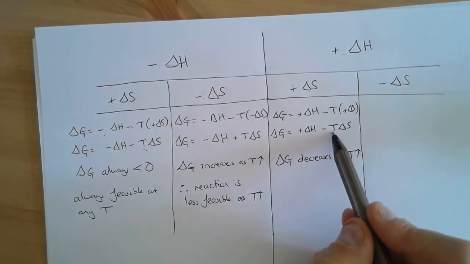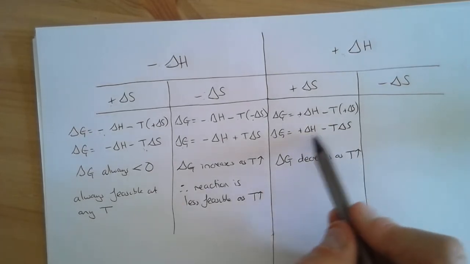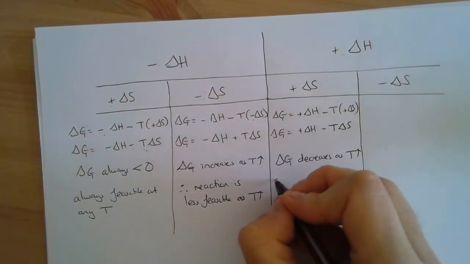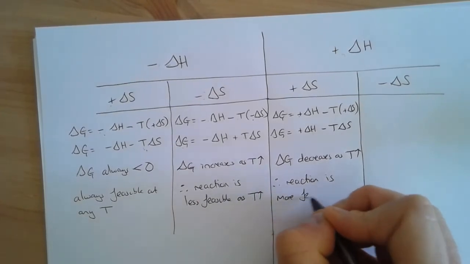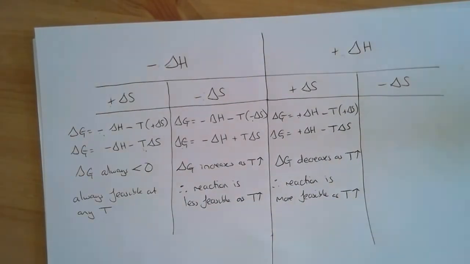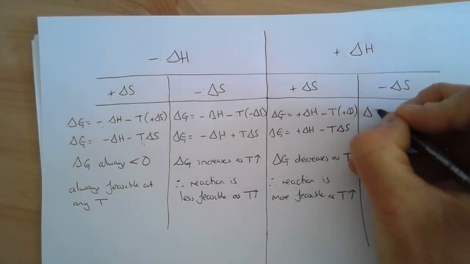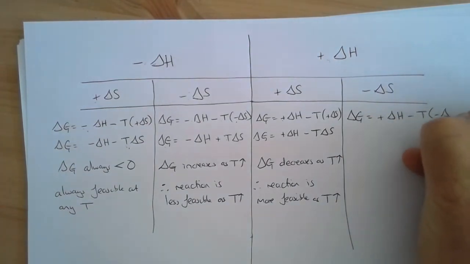The reason is, as this value goes up, we're subtracting an increasingly larger value from delta H, which will be a constant, and delta S, which will be a constant, and therefore the reaction is more likely to be feasible as the temperature increases. We'll get to a point where the value is positive and then it slips below 0, and therefore it's more likely to become feasible.